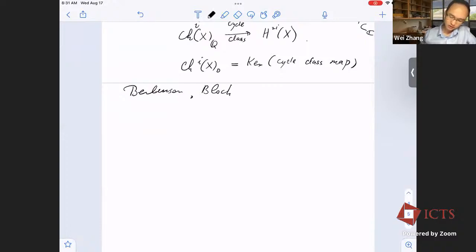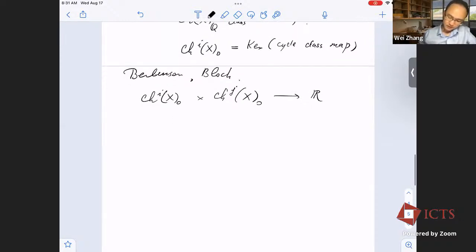So I made a conjectural definition, generalizing the Tate height pairing. So this height pairing exists when the codimension is the dimension of X plus 1.